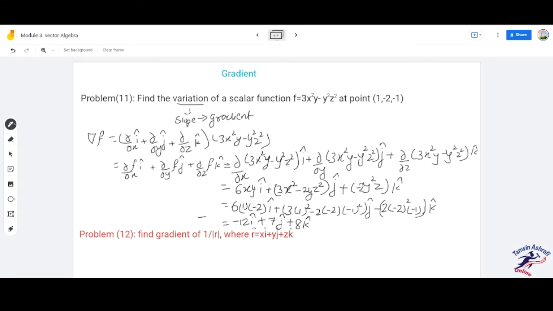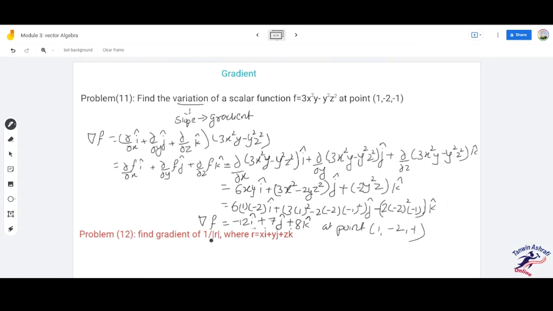This is what we had, the variation of f at the point 1, minus 2, minus 1.